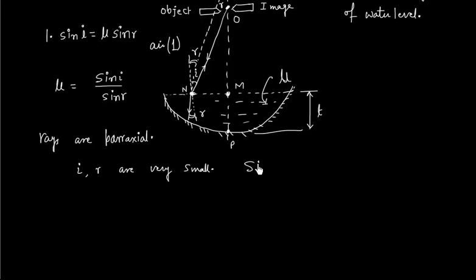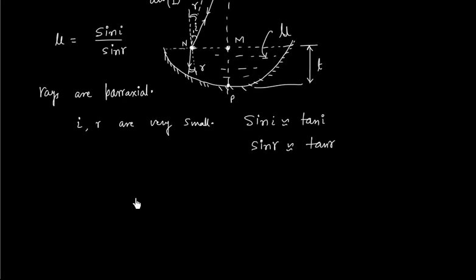So we can write sin I is equal to tan I, and similarly sin R is equal to tan R. So we can write mu is equal to tan I by tan R.